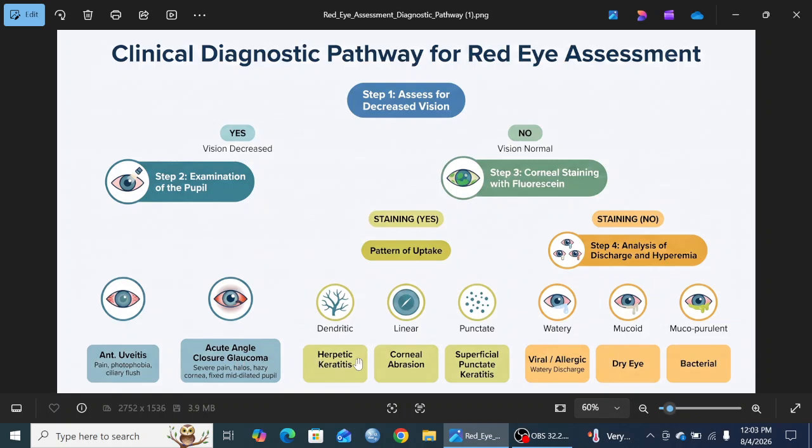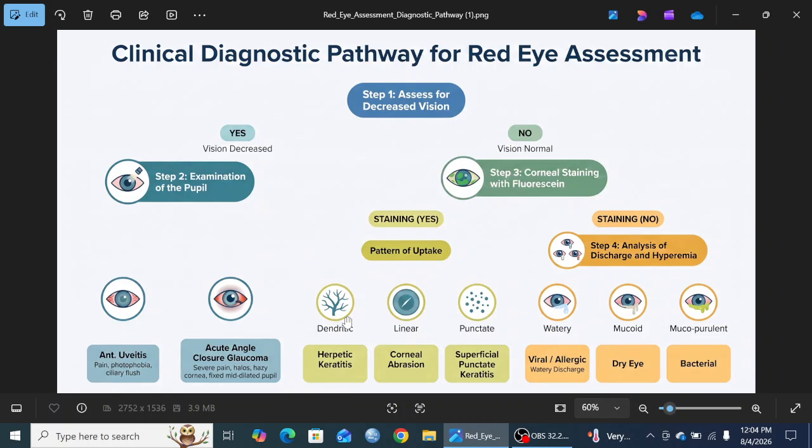Another patient may have herpetic keratitis, where giving topical steroids can actually worsen the infection and permanently scar the cornea. Another patient may have anterior uveitis, where the redness is actually a sign of intraocular inflammation rather than an infection. So, the question is, how do we differentiate these patients?